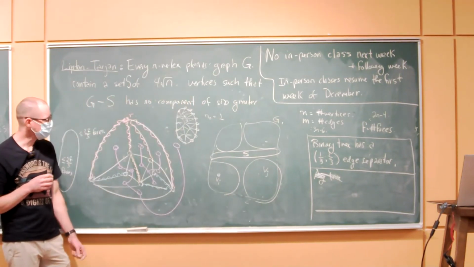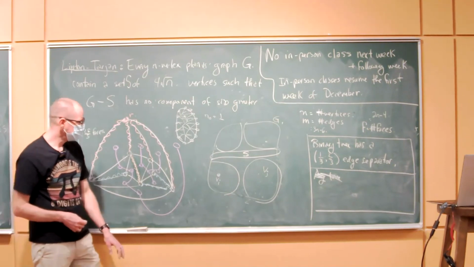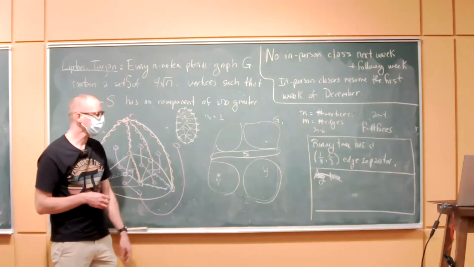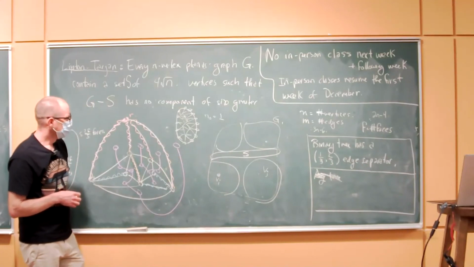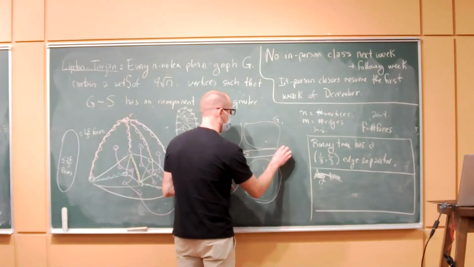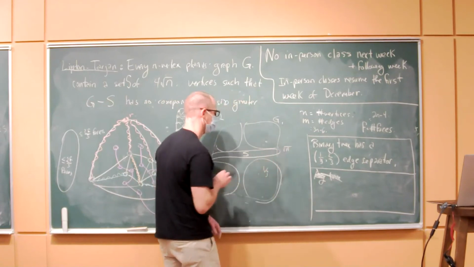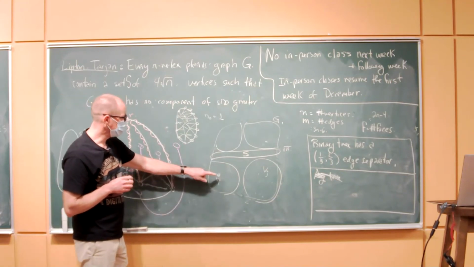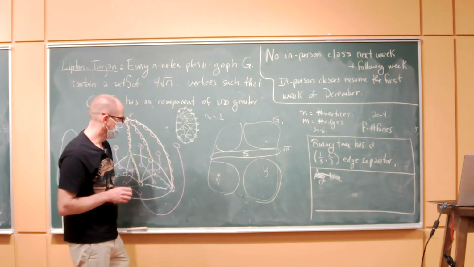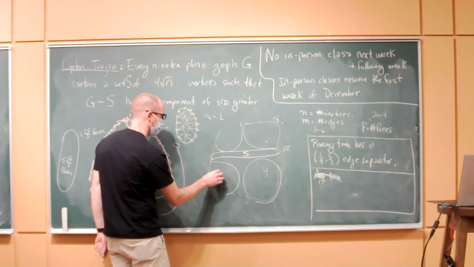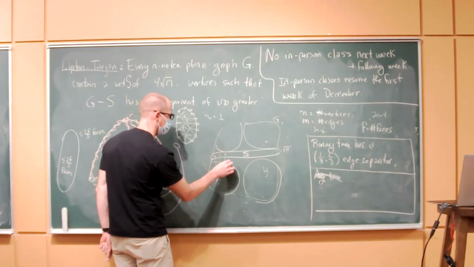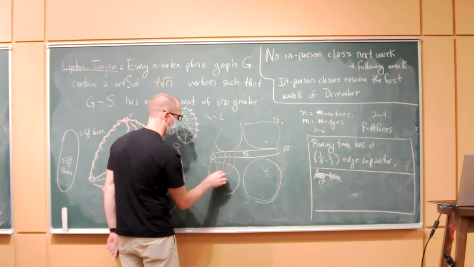So I only need to answer those kinds of things. Otherwise, if both things are in the same component, I'll answer it recursively. This separator has size square root n. So what I could do is have Vi remember its distance to every vertex in this separator.